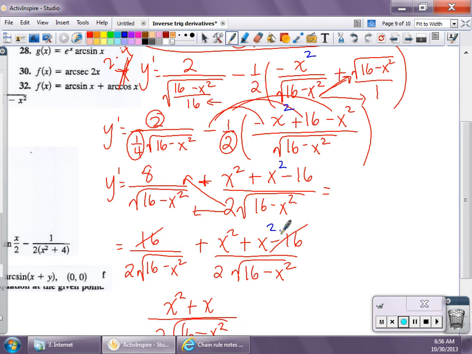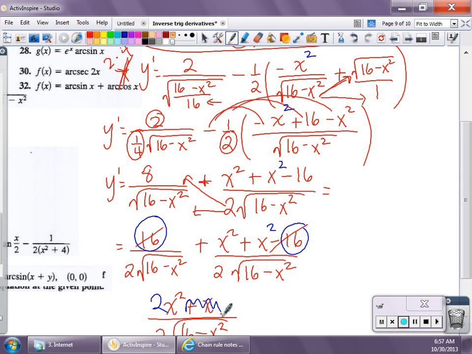This should be x squared. And then my 16s that I subtracted out, they still subtract out. So I get 2x squared.